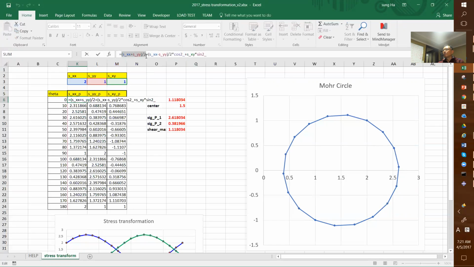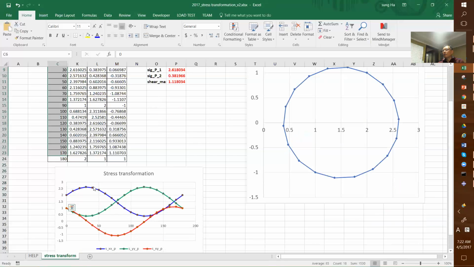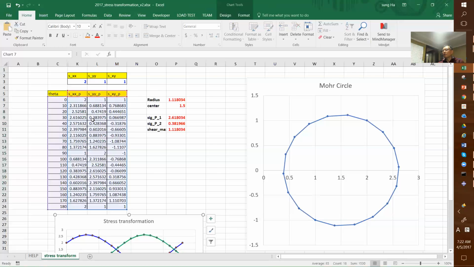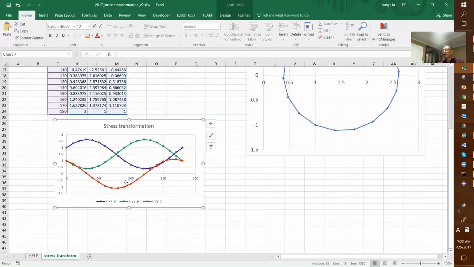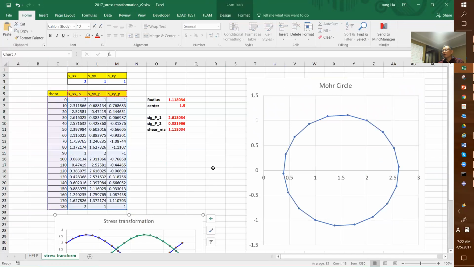This term, sigma xx plus yy and minus, and that's cosine and sine, and sigma xy. This is the formula, and this is the angle theta, and we simply plot, as you can see here, we click and the graph shows in terms of theta.